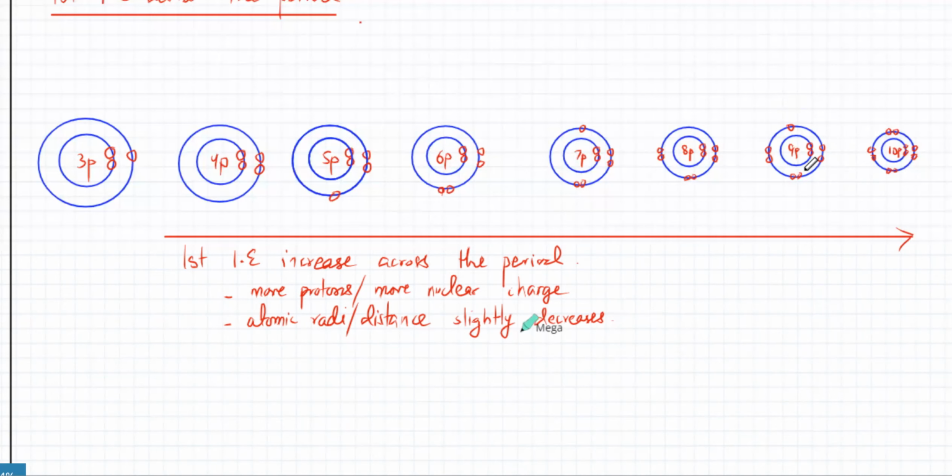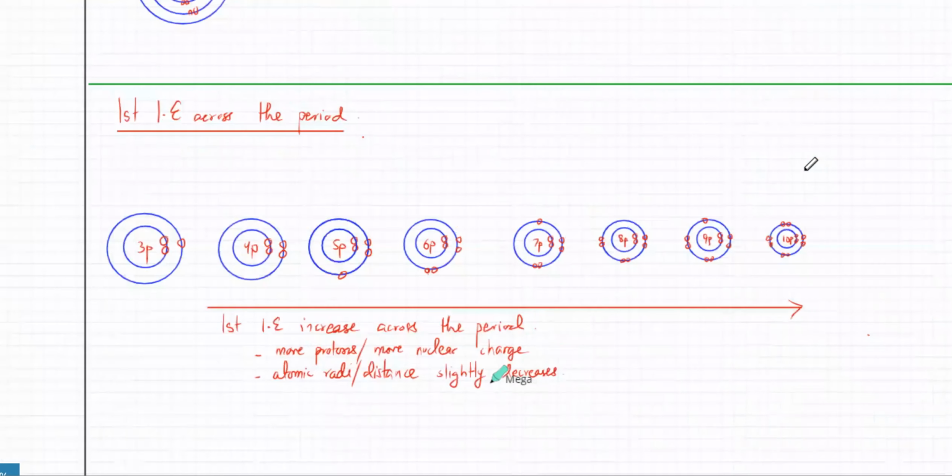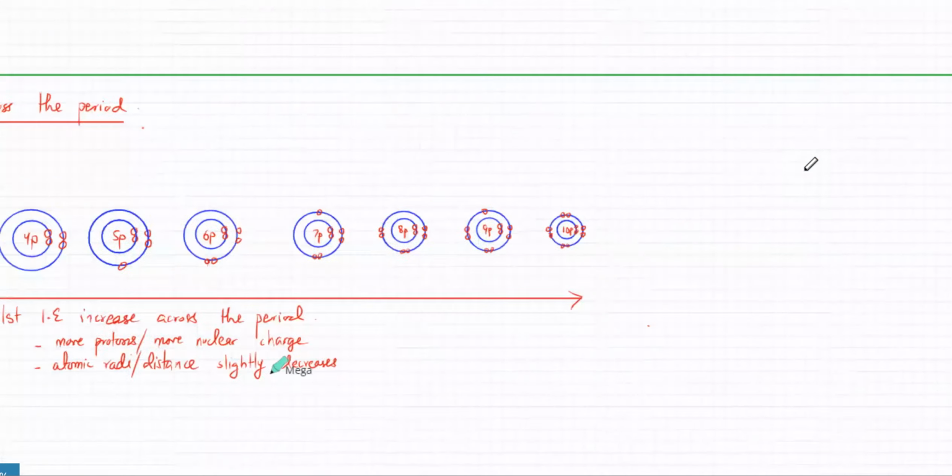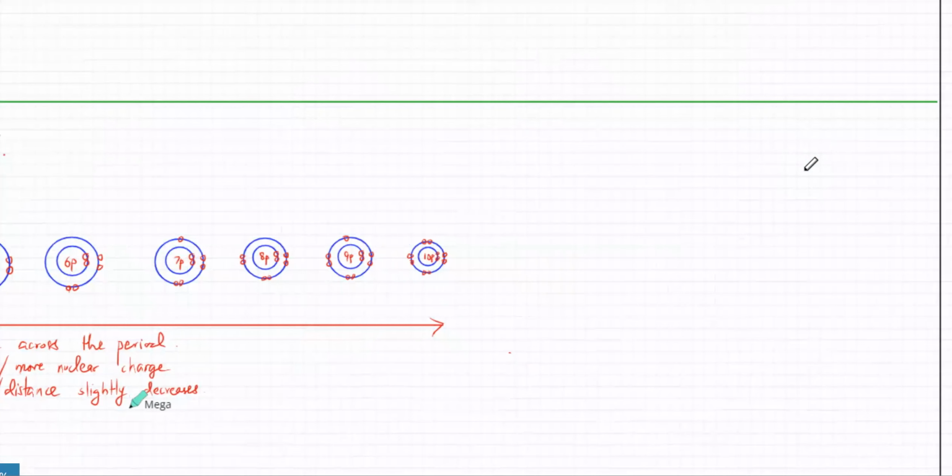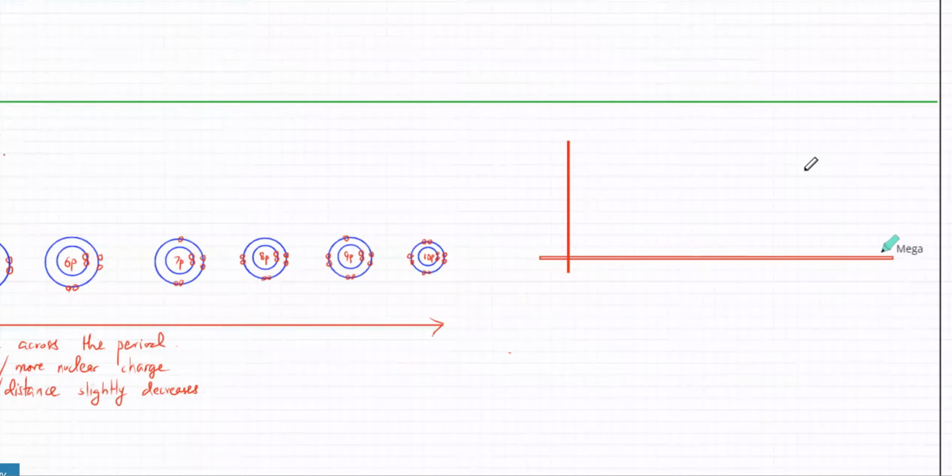Yes. So always remember across the period, we can draw a separate diagram because you get questions. You must always know that when you move across the period, atomic radius would always decrease.